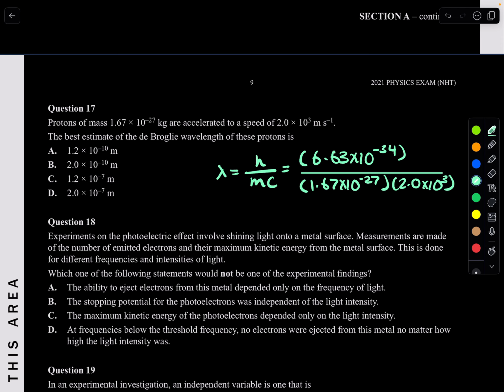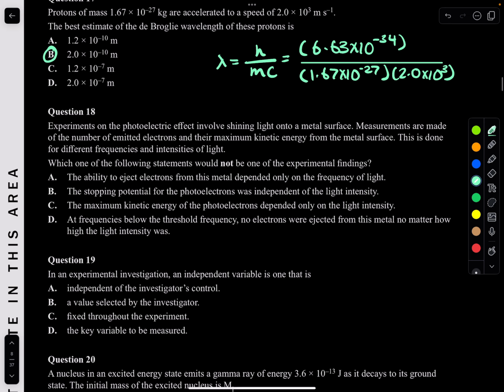Putting that into our calculator gives me 1.98 times 10 to the negative 10, which is approximately B. Is that right? Yes, it looks good.